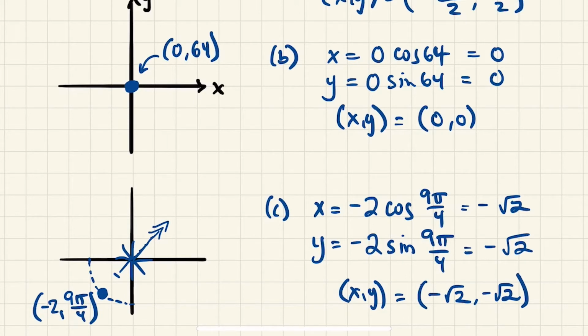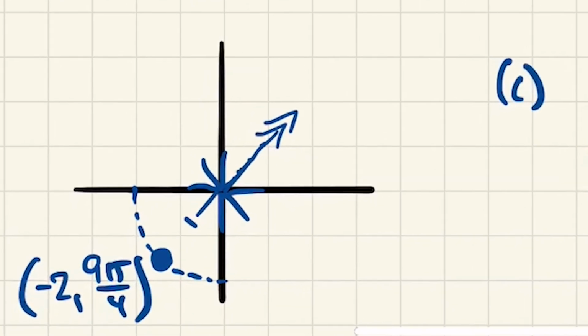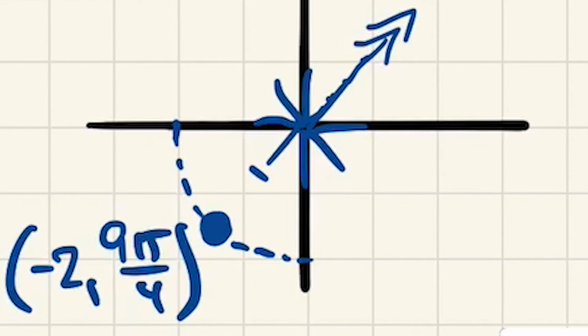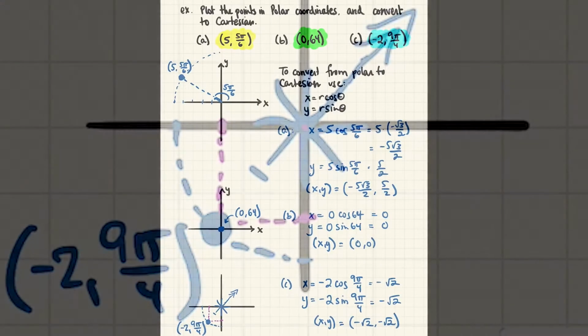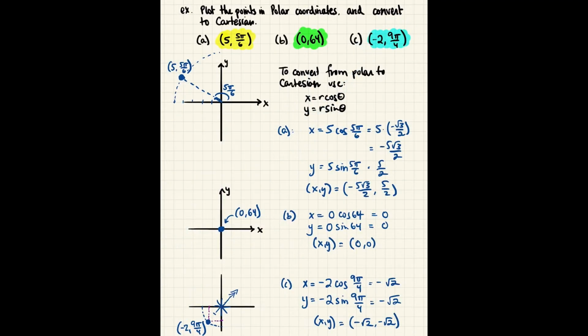Clearly you can see it in the third quadrant when it's written that way. Also, if we understand that the square root of 2 is about 1.4, you would agree that negative rad 2 gets you about here and here. So the coordinates in Cartesian form of negative rad 2 do seem to agree with where we located this point in polar form.